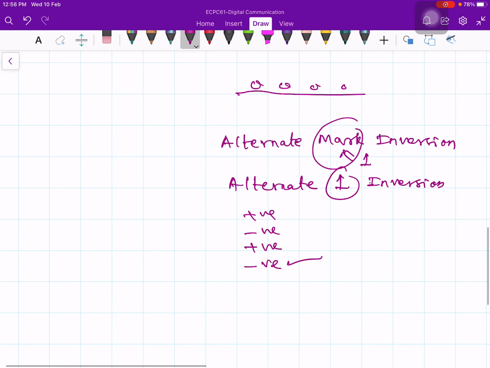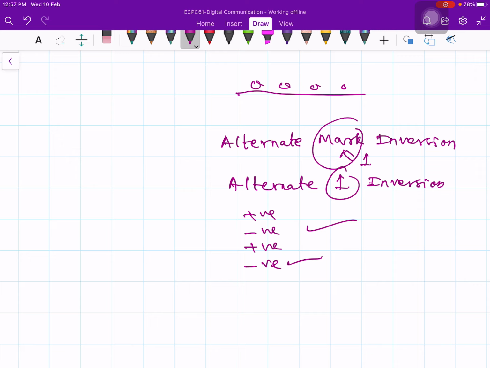So actually what you are not worried about is a long string of ones. That is taken care of now. What you are really worried about is a long duration of positive voltage or a long duration of negative voltage. We don't have issues with a long string of ones or zeros. In fact, as I said in the last lecture, we don't have control over them.